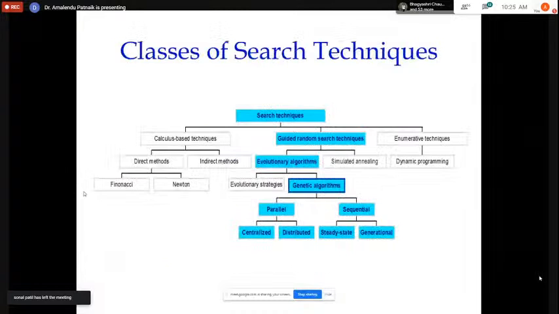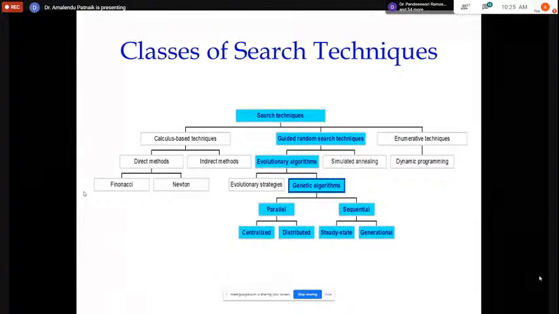Okay, so what exactly are we doing while applying these meta heuristics? We are basically searching for an acceptable solution for our problem. Or in other words, basically these are search techniques, right?